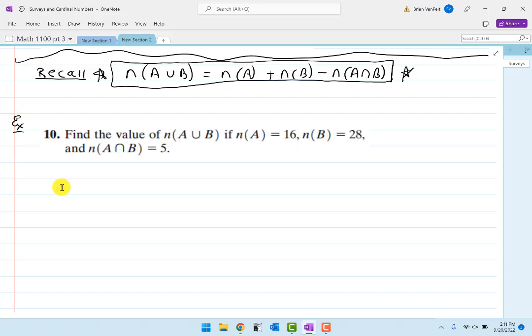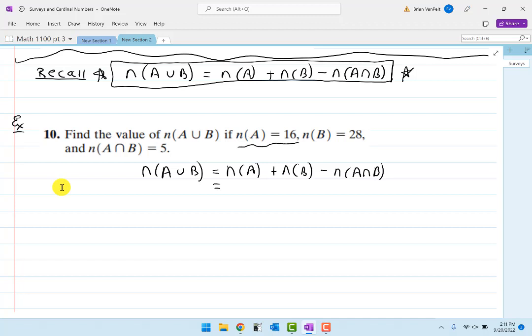So this is how we use the formula. I'm going to write it out each time. The number of A union B is the number of A plus the number inside of B minus the number in their intersection. And I'll basically fill out the numbers that I know. So let's start.